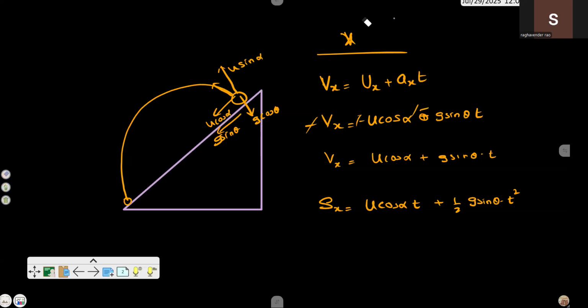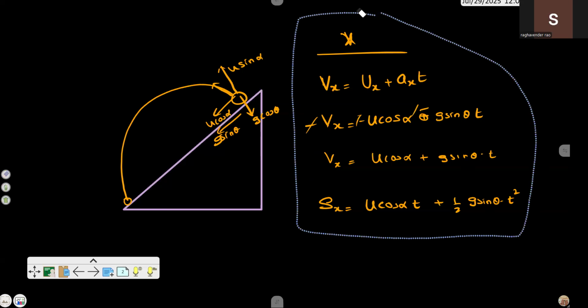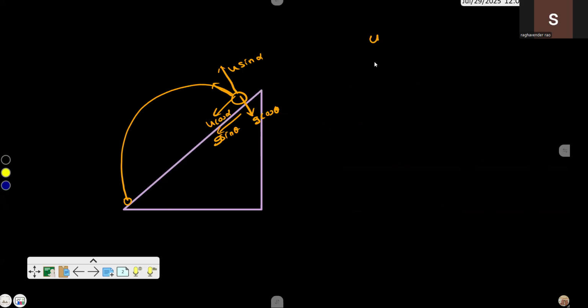Then let us write the equations in y-axis. For y-axis, Vy is equal to u sine alpha minus g cos theta into t. Why has this come?